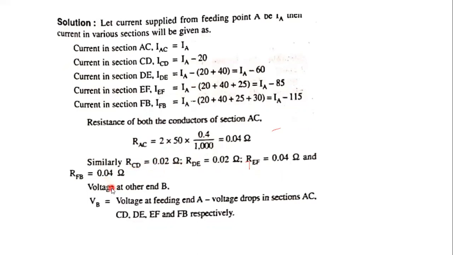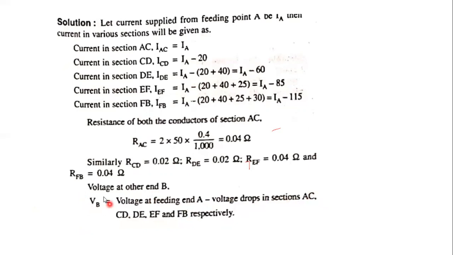Next, the voltage at the other end B, that is VB. VB is equal to the voltage at feeding end A minus the voltage drops in sections AC, CD, DE, EF, and FB.